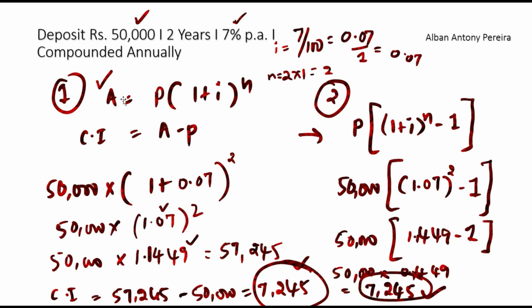I think this formula method is better for lengthy questions where the number of years is more. Also, you will have to see if the question clearly mentions compounded quarterly, semi-annually and such things. Even though the number of years given is less, it is still preferable to go for one of these formulas so that you get the accurate answer and a quicker solution is possible.